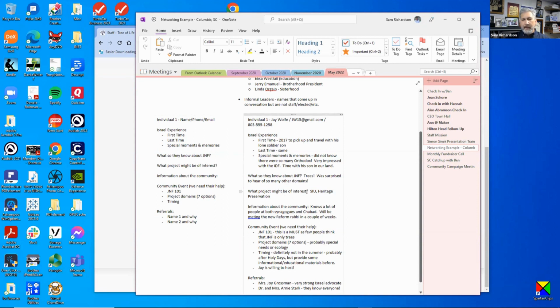So for him, definitely was special in uniform and heritage preservation, because he talked about going with his son to Masada and to the ammunition factory and various places. So that really struck with me that it's not a lot of people who go there, but I think that would work for him.